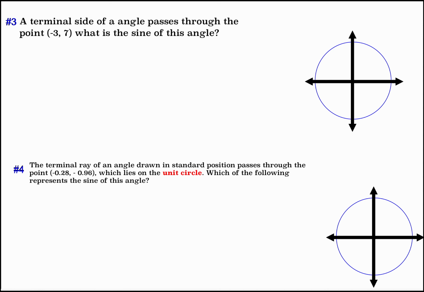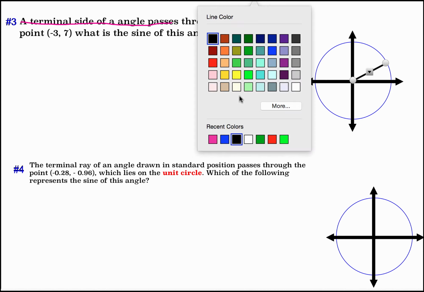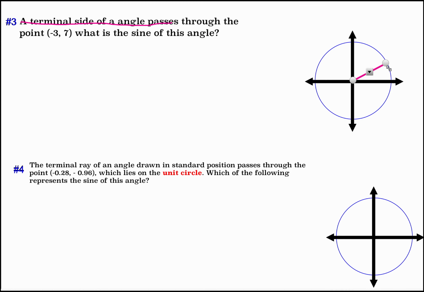All right, so a terminal side of an angle. Okay, so that means I've got an angle, shockingly, rotating around this circle. And let's make that pink so it stands out. And it stops at negative 3, 7.